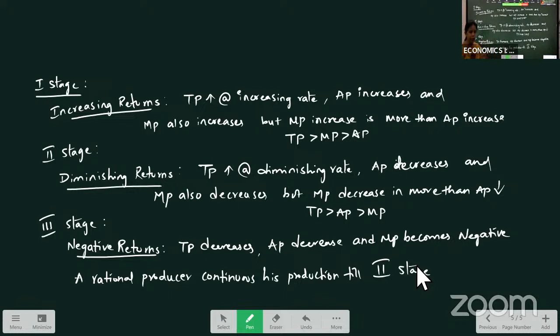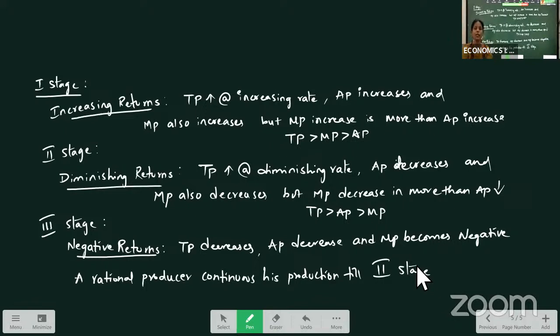So as a producer is rational, he has to see till what point he should increase the labor, where he can get maximum output with limited resources. To know that only, we are using this law of variable proportions. With more labor, in the beginning the quantity increases, output increases, but if you still go on increasing your labor, the variable factor, your output decreases.